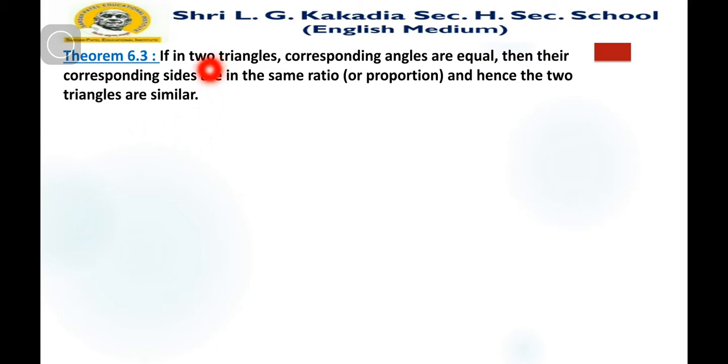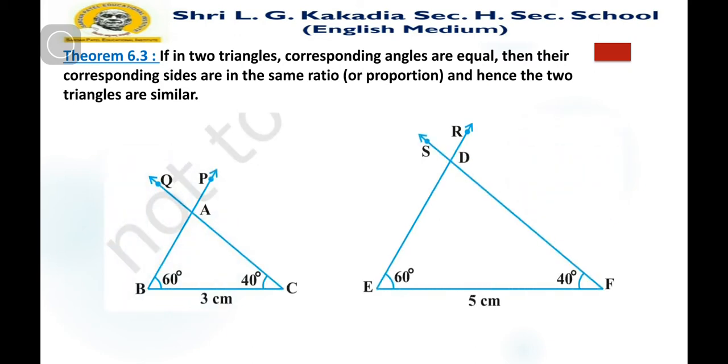As you can see in the figure, B corresponds to E, both are equal, C corresponds to F, both are equal, and by the angle sum property we can say that this angle is 80. So A corresponds to D. This means the corresponding angles are equal for both triangles.